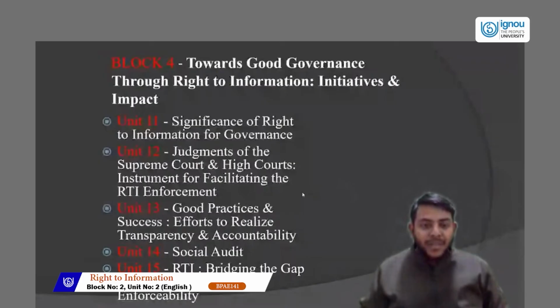After that, we'll also be studying some of the judgments of the Supreme Court and the Honorable High Courts in facilitating the enforcement of RTI. That we'll be doing in the 12th unit as part of the fourth block of this paper.